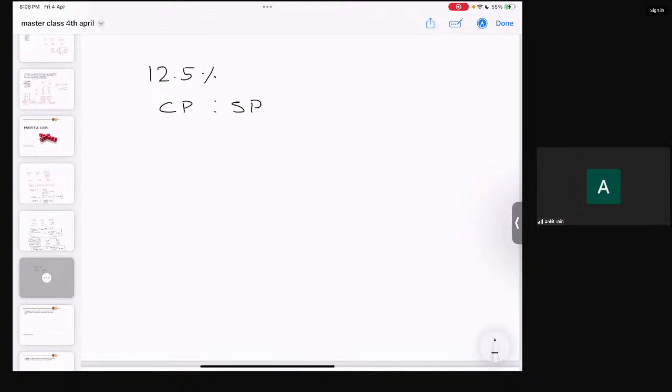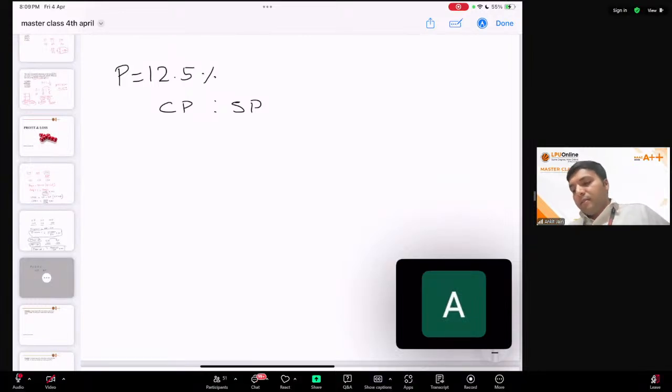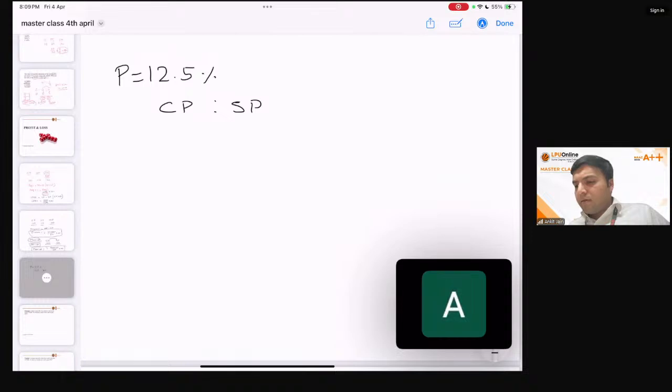There is a profit of 12.5%. So what is the ratio of CP to SP? Now try to connect both topics. Navroz Kaur gave the right answer. Very good. 8:9.